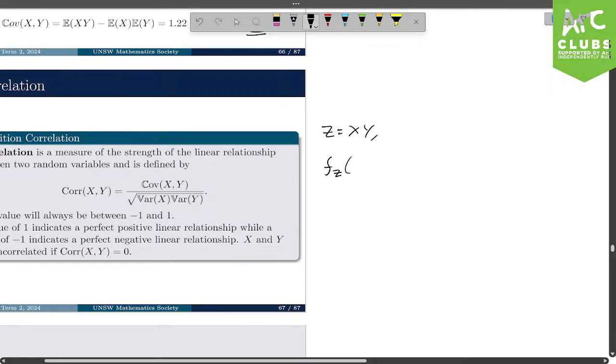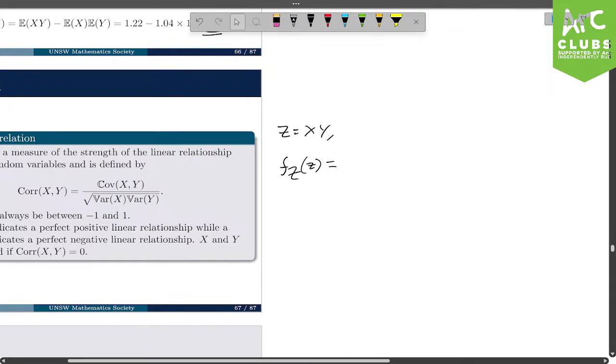PDF of z, big Z, little z, well, we don't just want to do some multiplication, right? Because you can imagine, let's say I have one variable I distribute on one bar, one variable I distribute on this bar. And I can take samples from wherever I like.